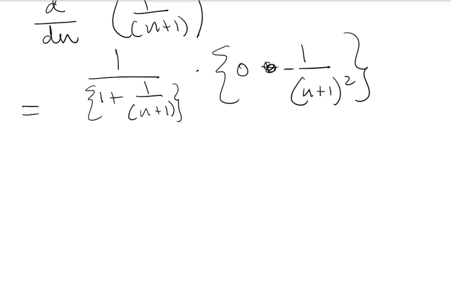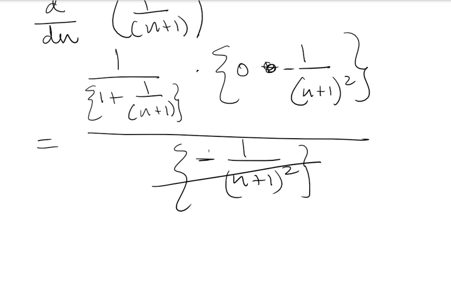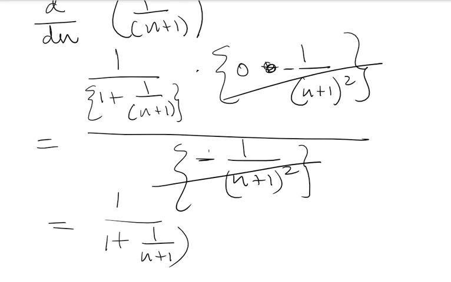Whole thing divided by minus 1 by n plus 1 whole square. So check it out, this and this got cancelled out. You're left with n plus 1 here, n plus 1 here. So it's coming as 1 by 1 plus 1 by n plus 1. You can keep it like that.